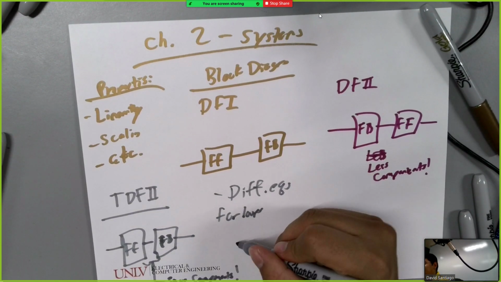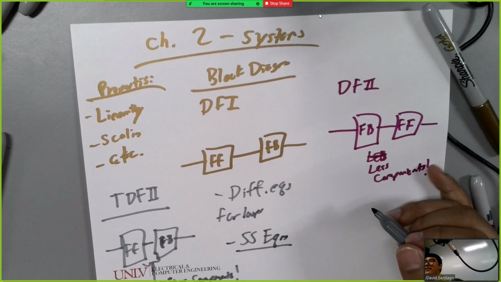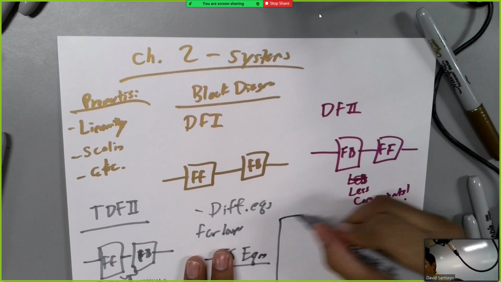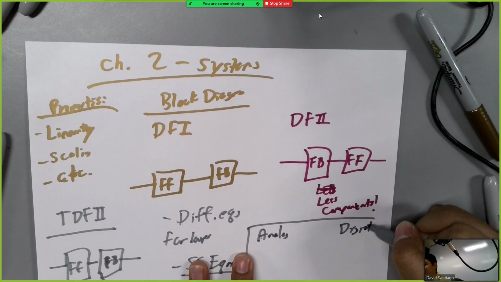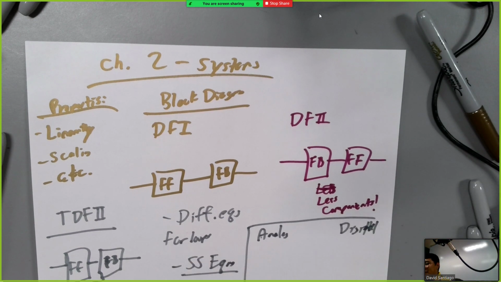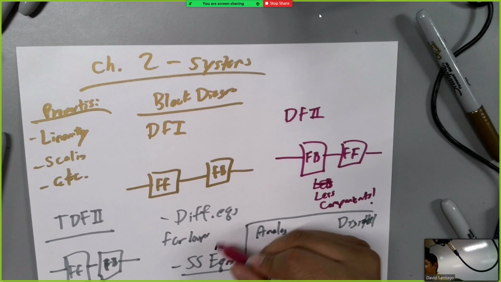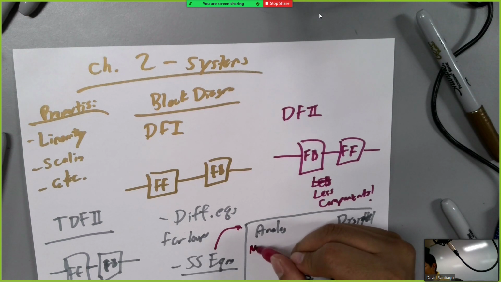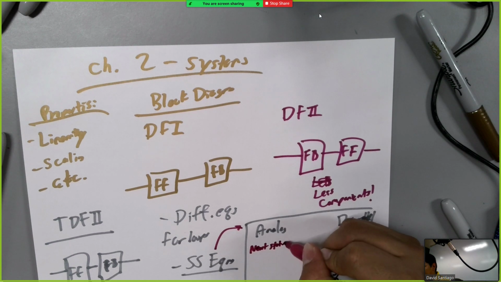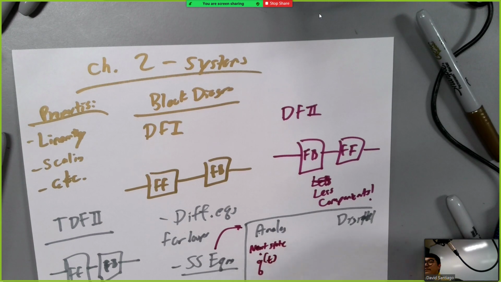And then there are the state space equations. Everyone's going to remember that? There are two of them: analog and digital. For the analog, the next state is actually going to be your differential, the derivative of Q of t.